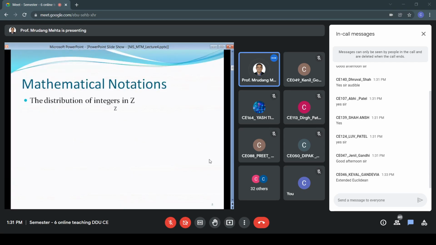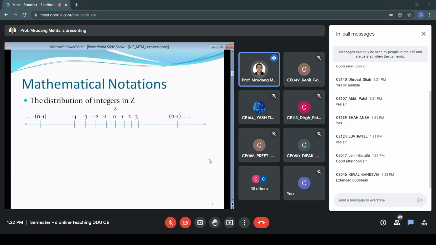The integers, the distribution of integers in Z. How can it be represented? Anybody remembers? You must have studied this in your school days. Let me show you.